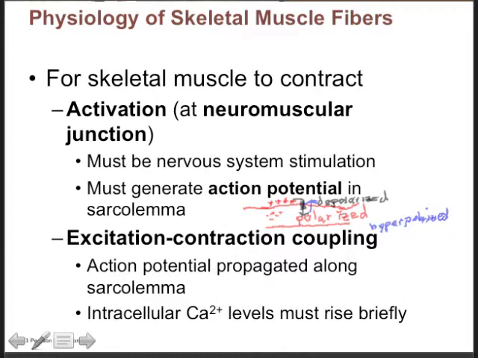In a nerve cell, it'll stop at the end of a long process called the axon. In a muscle cell, it stops once it spreads all along the length of the muscle cell and down the T-tubules. Okay? So it's sort of like playing dominoes. Once you tip that first domino over, the others are all going to fall. The same thing is going to occur here with an action potential.